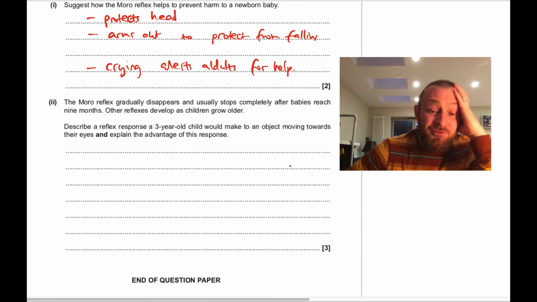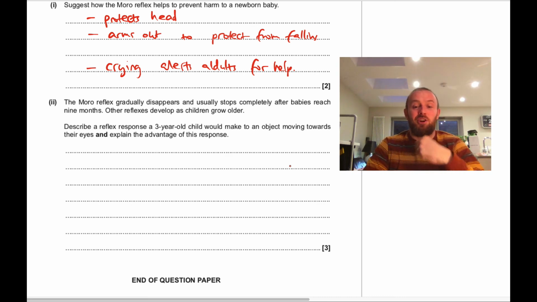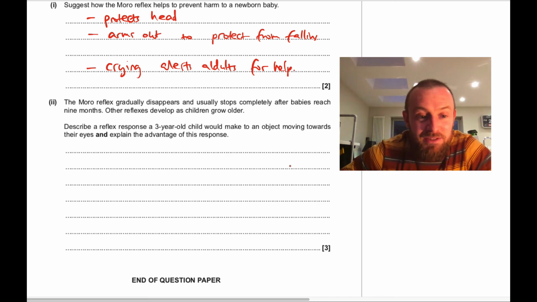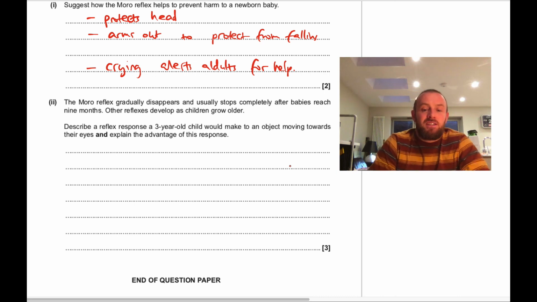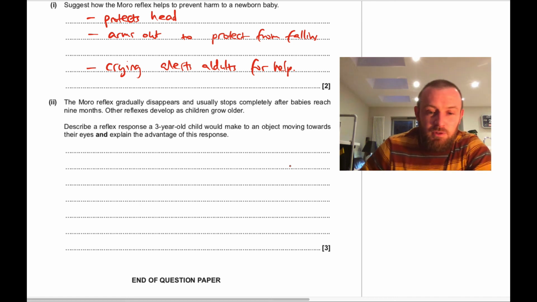The Moro reflex gradually disappears and usually stops completely after babies reach 9 months, and other reflexes develop as children grow older. Describe a reflex response a 3-year-old child would make to an object moving towards their eyes and explain the advantage of this response. So they would, well, I guess it depends upon the size of the response, but they would blink, they'd close eyelids.